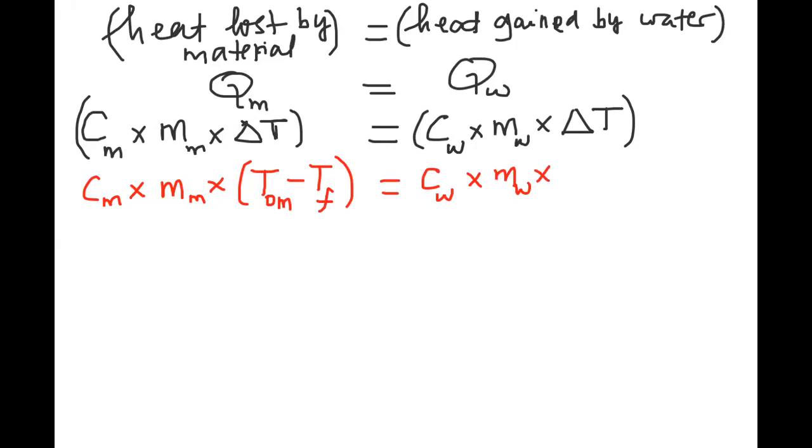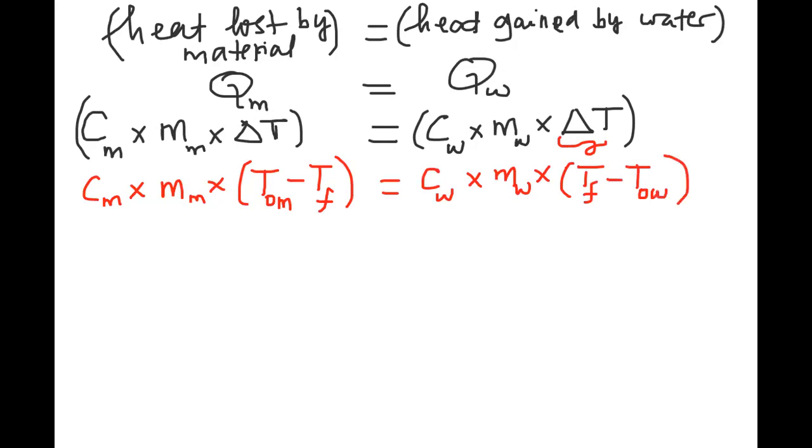Now I want the change in temperature associated with the water. The water starts from room temperature, T naught W, to T final. So the higher number will be T final, and the smaller number will be the room temperature, T naught of water.